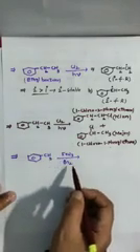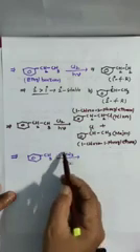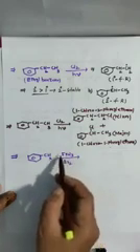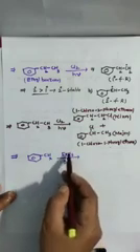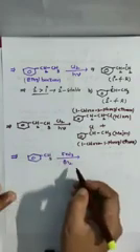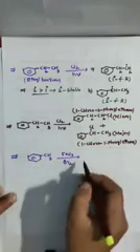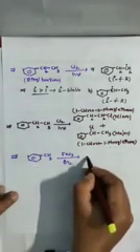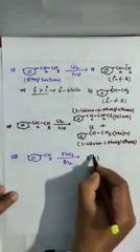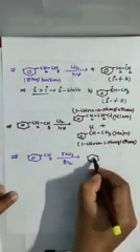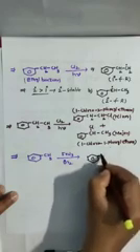FeCl3, Lewis acid. So in the presence of Lewis acid, side chain halogenation will not take place. Ring substitution will take place. Remember, ring substitution will take place.